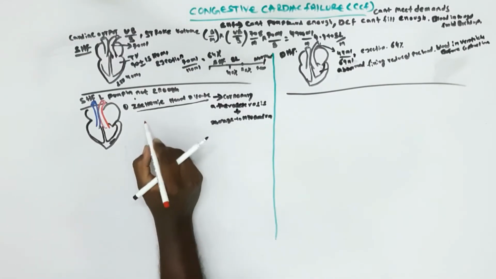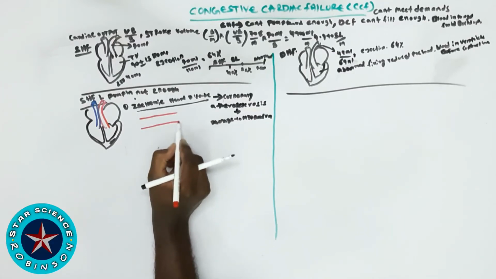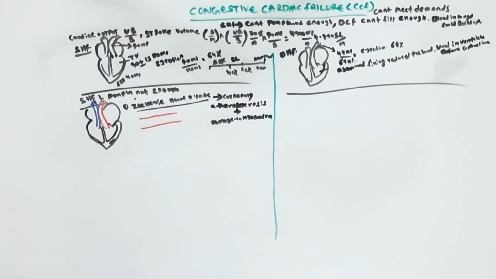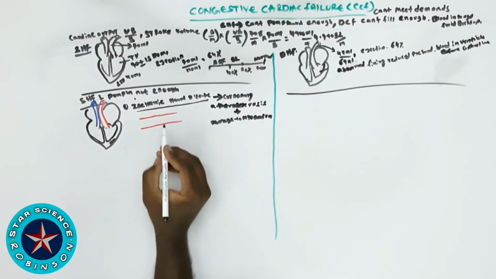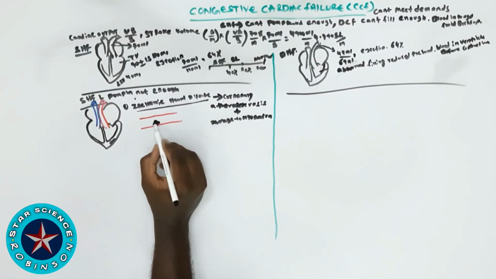Because there is no proper blood supply to the heart layers, the pumping work done by the myocardium will be reduced.